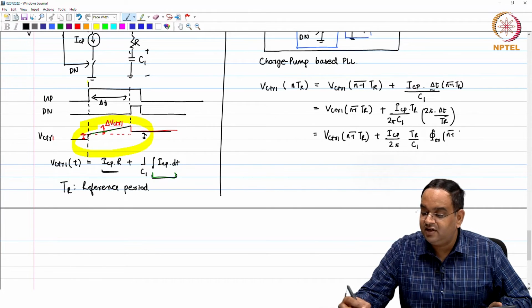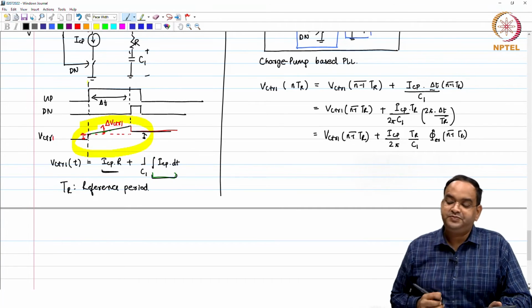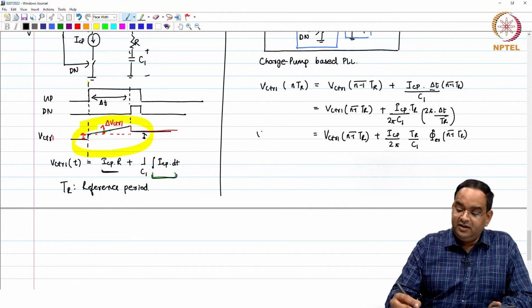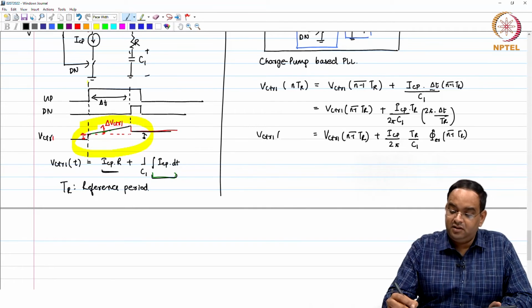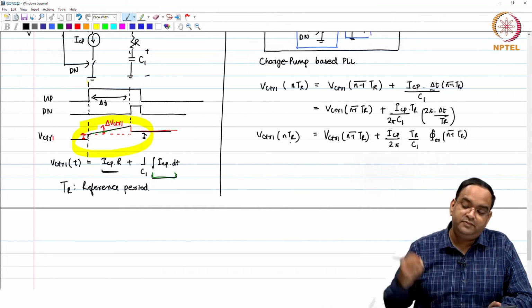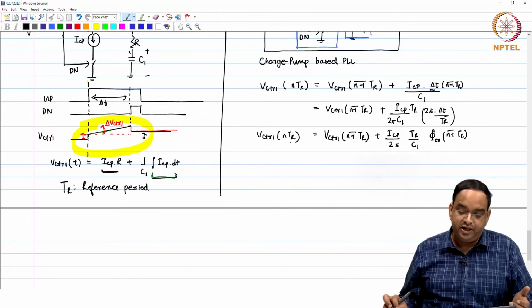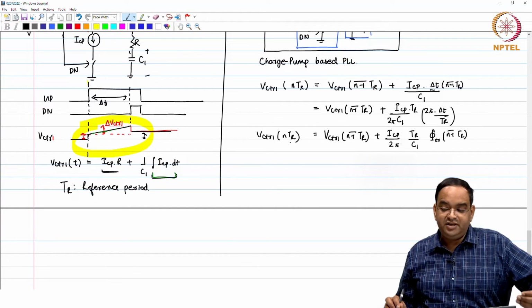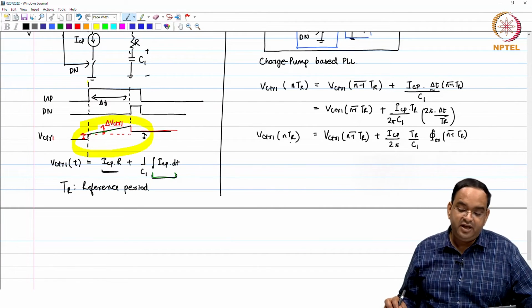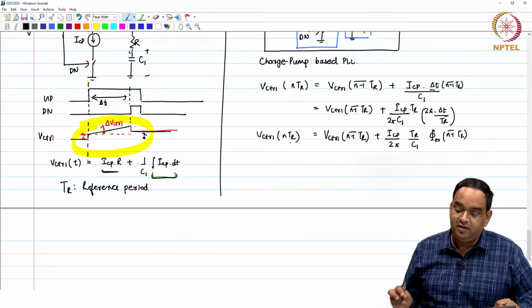I can say this is the phase error at (n minus 1)TR. I am writing this in a discrete form right now, because that is how things change here. I am looking at the average change in the control voltage at every reference cycle.